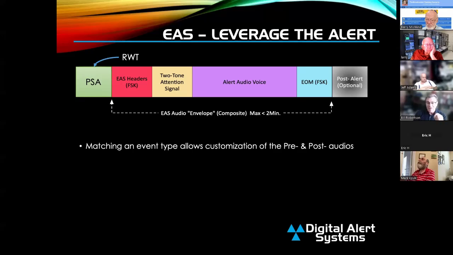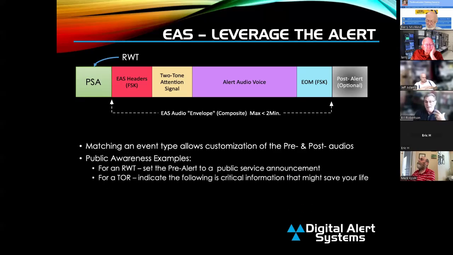But having a matching event type allows me to customize the pre and the post audios. In other words, it's not always the same pre-alert and not always the same post-alert. I can specify them based on the event type. Public awareness could be an example: a pre-alert to say it's a public service announcement. Maybe on a TOR you say, hey, this is critical information, pay attention.